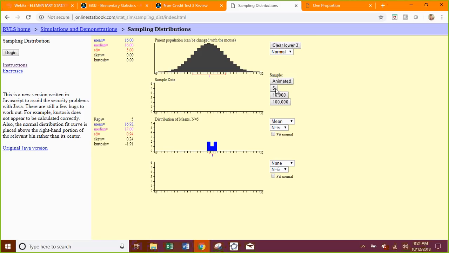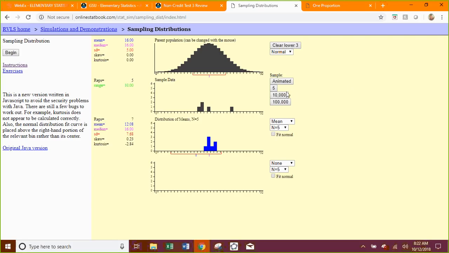Sample 5 things from that population and compute the mean. Sample 5 more things, then take the mean of those 5 observations and put them down here. And that's what a sampling distribution is. It's the collection of all possible sample means for a certain sample size.